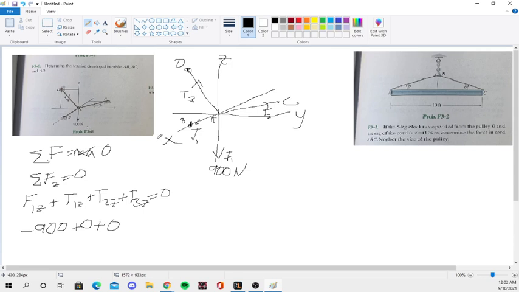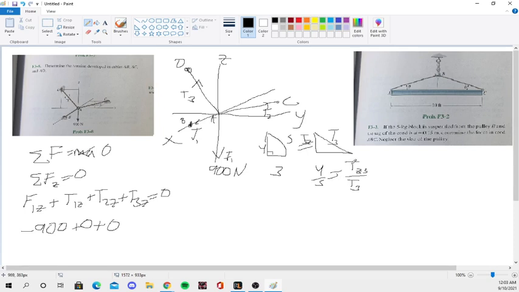But for T3, we can set up similar triangles. So we have this 3, 4, 5 Pythagorean triple, and we also have TZ in this direction, and then this is just going to be T3, so it's T3z. And so we have 4/5 equals T3z over T3.